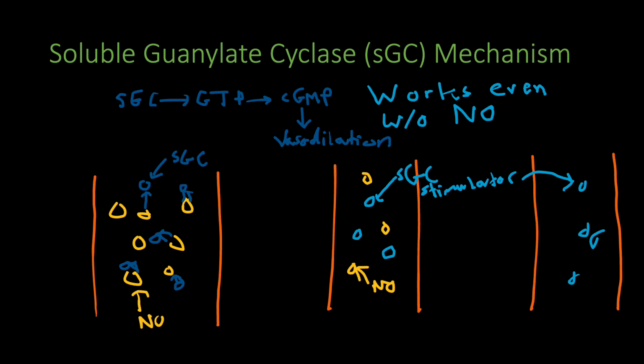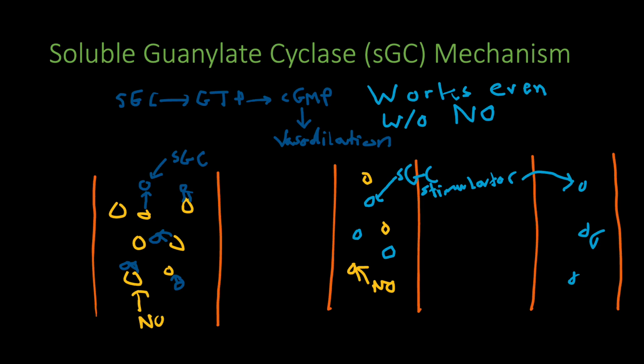Normally they would turn it on, and then it would increase vasodilation. However, when there are few of those nitric oxide, how do we turn on the soluble guanylate cyclase? We can't really. It won't allow vasodilation as it normally should.